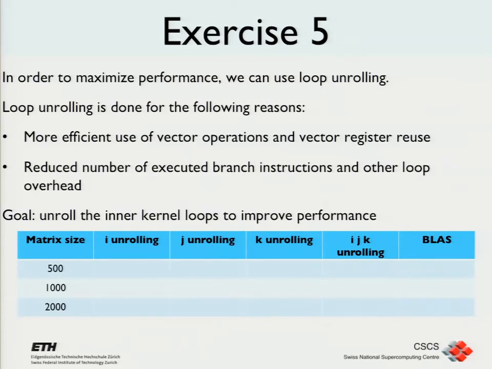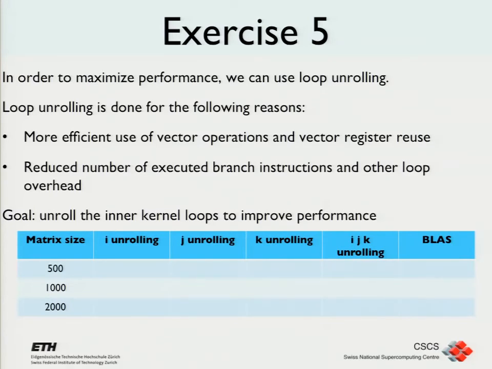And if you want to get close to maximum performance, you have to use unrolling. So this means that if you unroll, you'll get more efficient use of vector operations and vector register reuse inside your inner kernel. And you also reduce the number of executed branch instructions and other loop overhead.